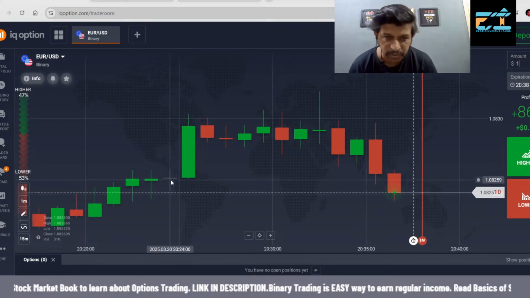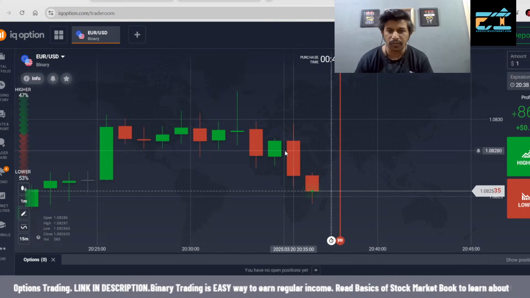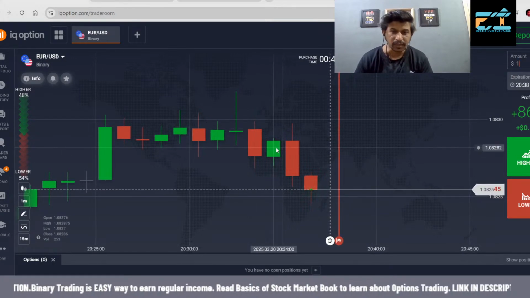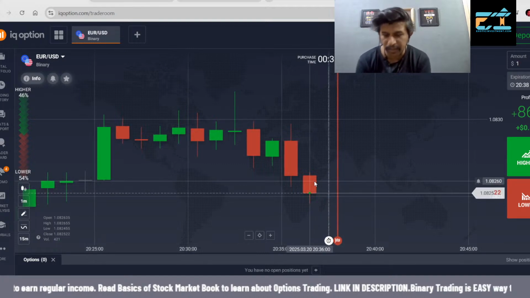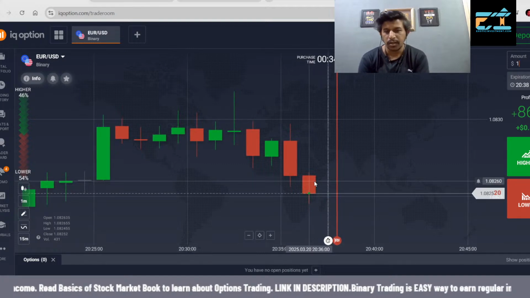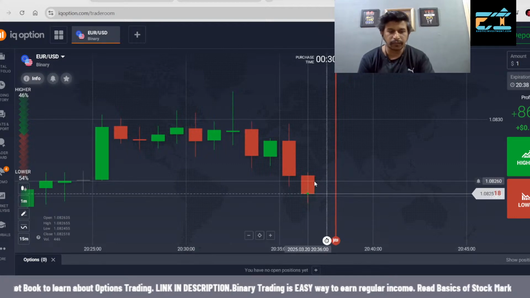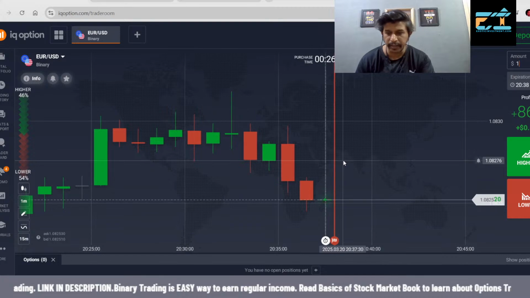So here there are no three candle trades. So two candles and red candle, green, red, red. If the red takes over, then probably we may have a trend here. If not, we don't have a trade as well.